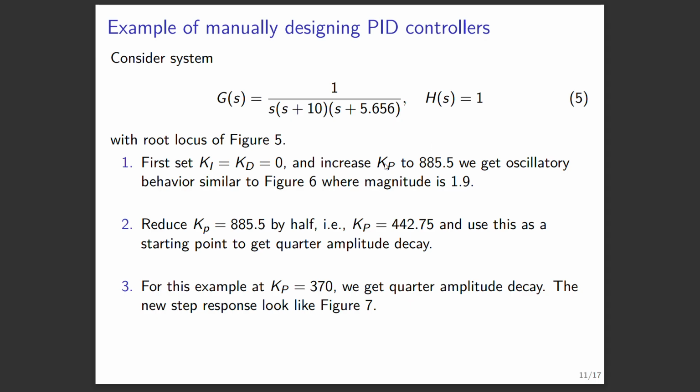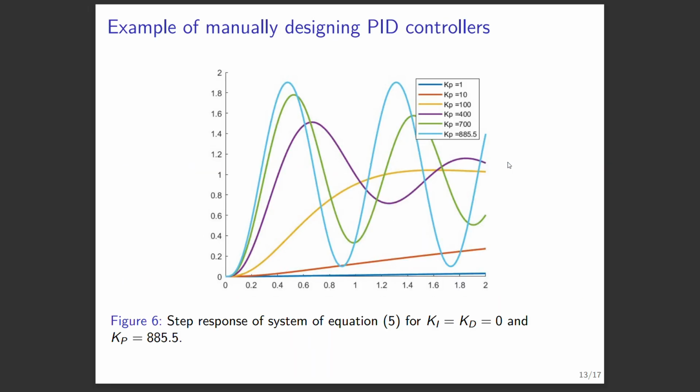That Kp for this specific system is 885.5. For Kp equal to 885.5, we get an oscillatory behavior similar to this. So I gradually increase Kp and I end up with this behavior. It just has pure oscillations, so that's the edge of instability.